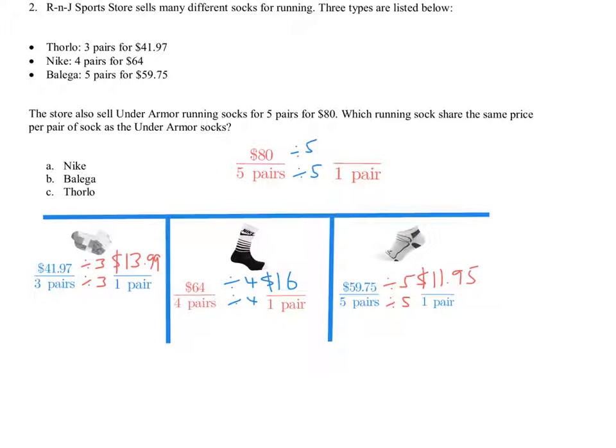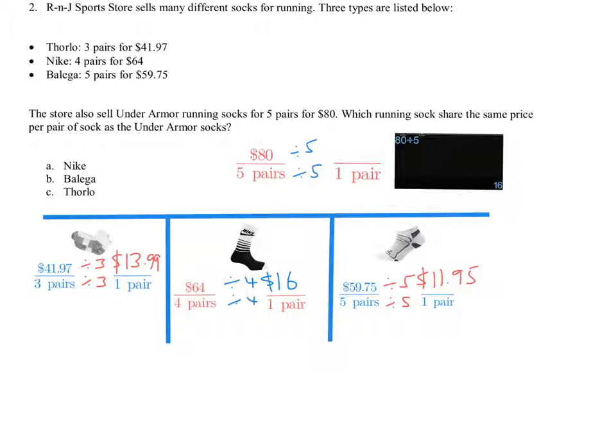And 80 divided by 5, I'm going to need a little help with that with the calculator. So I'm going to do 80 divided by 5 on the calculator. So 80 divided by 5 gives me 16.